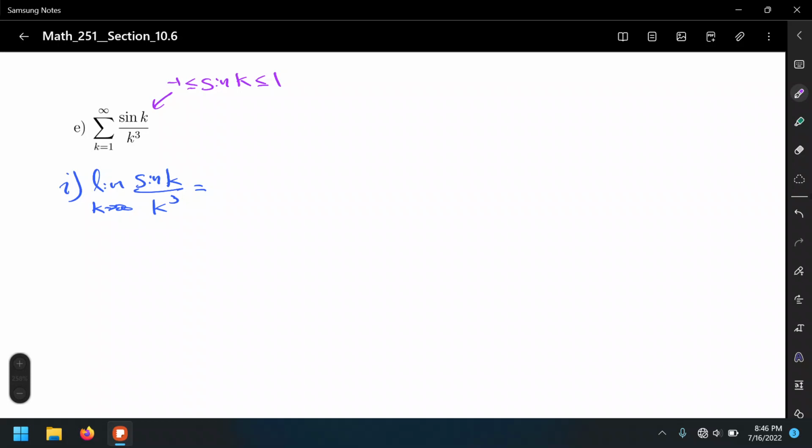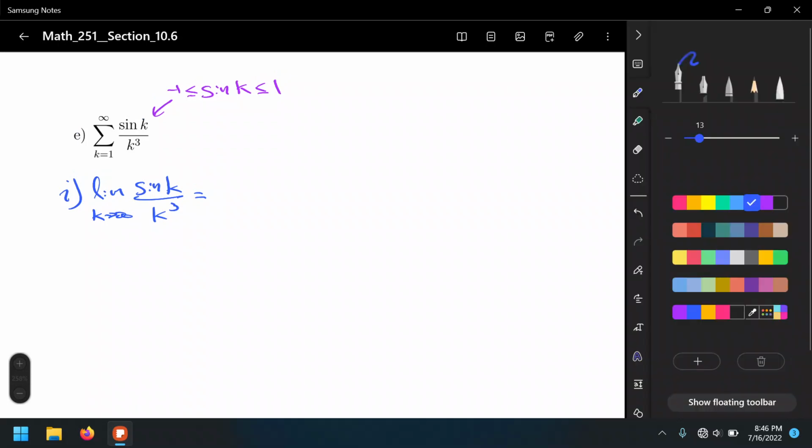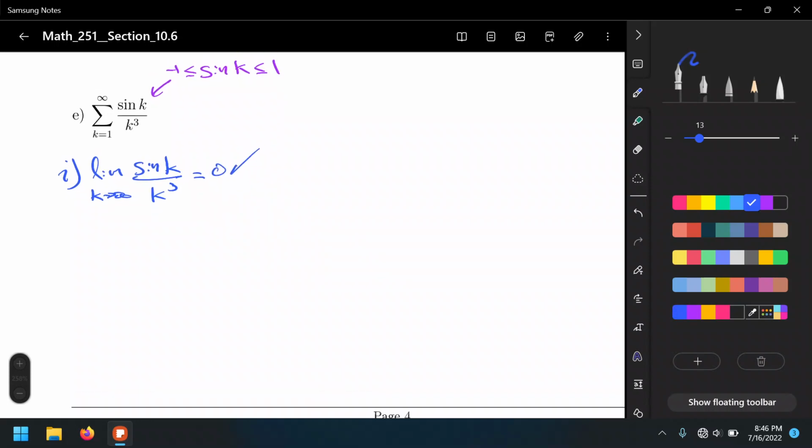So it's never going to be anything bigger than 1. However, the denominator k cubed is going to get really big for large values of k, namely k equals infinity. So in this case, we can clearly see that the limit is going to go to 0, and that's the first condition satisfied. The second condition, the non-increasing part.